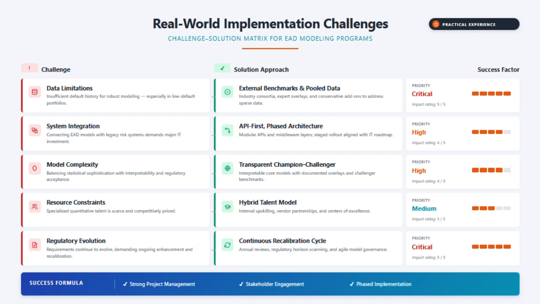Balancing statistical sophistication with model interpretability and regulatory acceptance. Resource constraints. EAD modeling requires specialized quantitative skills that are often in short supply. Regulatory evolution. Requirements continue to evolve, requiring ongoing model enhancement and recalibration.